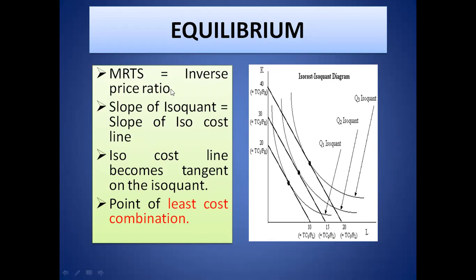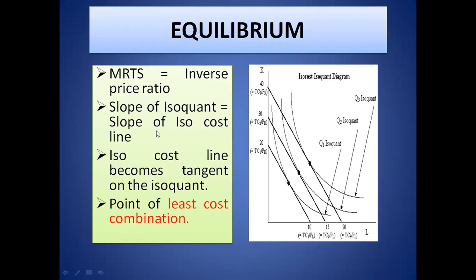Usually we do change in capital by change in labor. Here we do the reverse: labor price divided by capital price. So the point at which MRTS equals the inverse price ratio is where we have the equilibrium.